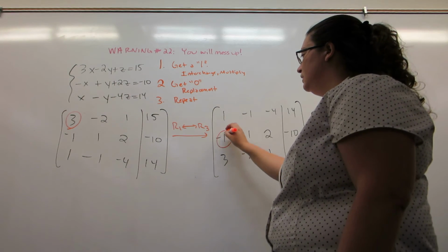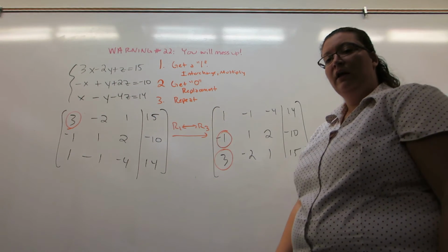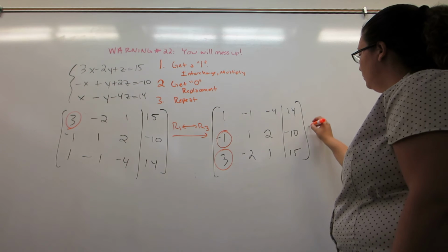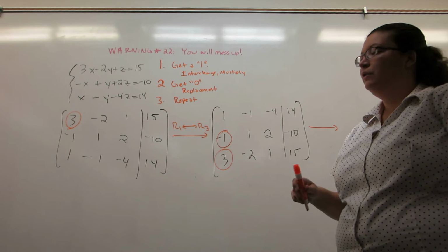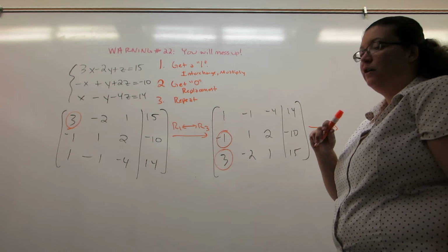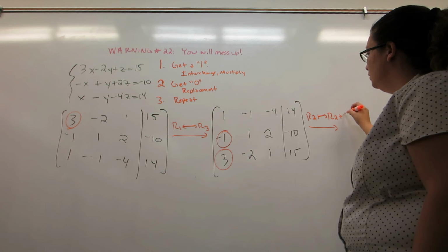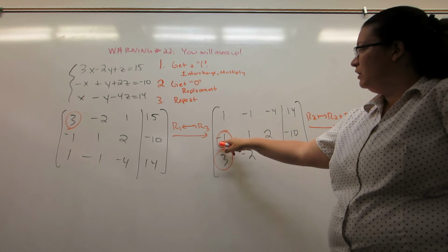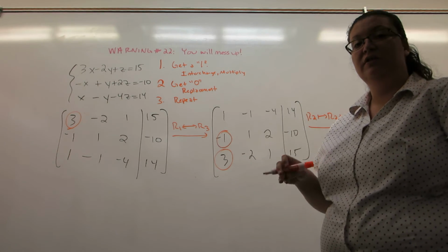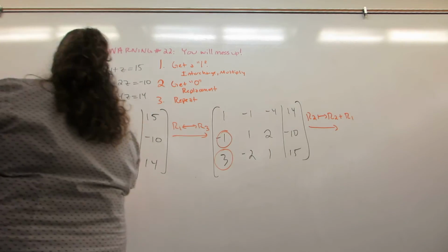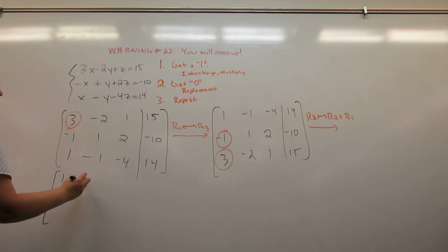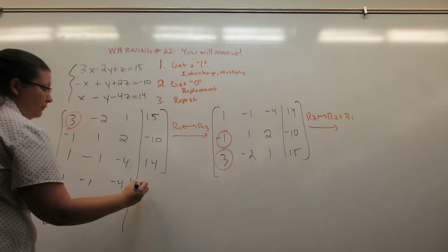I need to get zeros underneath it. And I can do these in the same step because they don't interfere with each other. To get a 0 here, I'm going to replace row 2 with row 2 plus row 1, because negative 1 plus 1 will give me the 0. Okay. So my first row is not going to change.